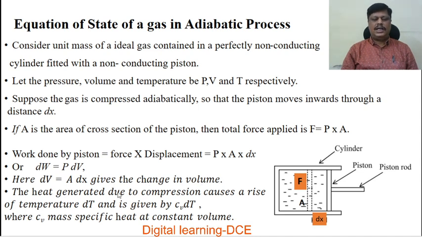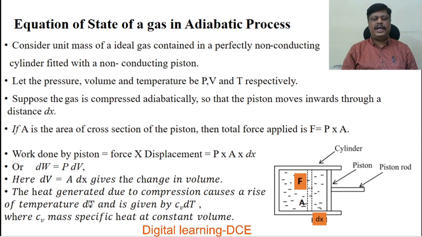The heat generated due to the compression causes a rise of temperature dT and is given by Cv dT, where Cv is the molar specific heat at constant volume. And also you know, from your early classes, that the definition of specific heat of a gas at constant volume is given by dQ is equal to Cv dT.